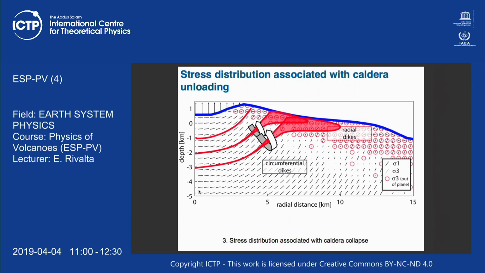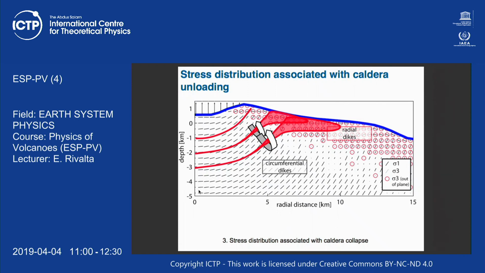Otherwise, actually all of them would be vertical. But the presence of the caldera and also a little bit the topography and a little bit the effect that this is concentrated only here actually makes, so where you see a circle, it means actually that sigma 3 is radial.